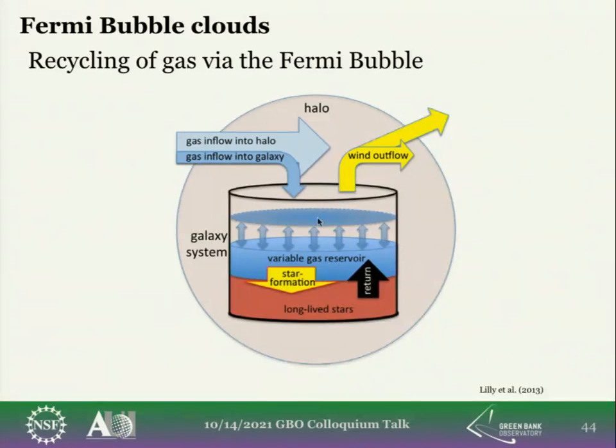And then you can also have wind outflows. A lot of the high mass stars are known to have very strong winds. These winds can push material back into the galactic halo, thereby enriching it, which can then fall back into your gas reservoir and produce these stars again. So the cycle of gas across the inner regions of the galaxy can play a major role in star formation and the evolution of these galaxies as well.